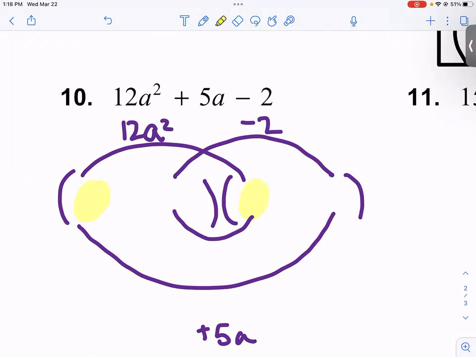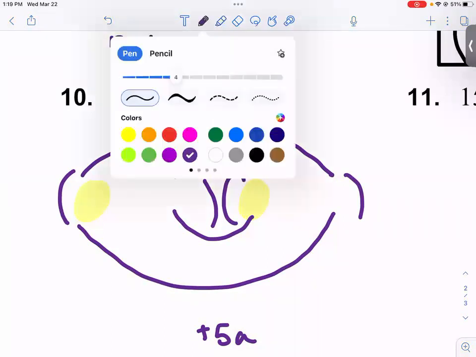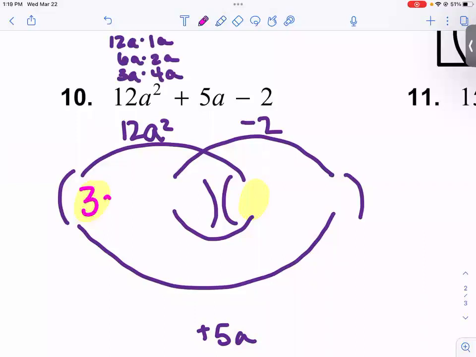To get our product of 12a squared, we have 3a 4a, 6a 2a, 12a 1a. Right? Which one do you want to start with? 3 and 4? Okay, I think starting with 3 and 4 would be our best idea.